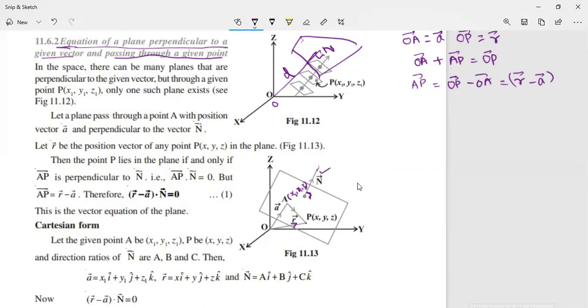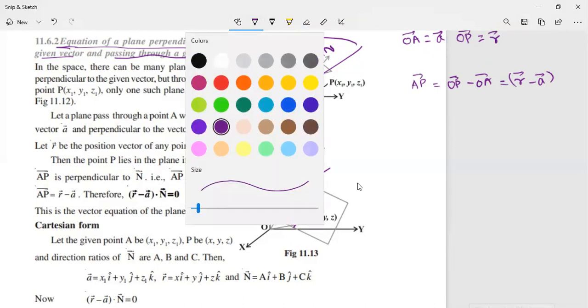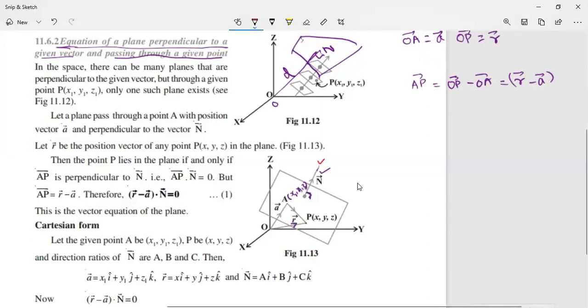So no need of the triangle law. We will go by dot product only. Now, what is the relation between AP and vector n? Vector n is perpendicular to the plane, so any vector on the plane will be perpendicular to this vector. Vector AP is perpendicular to vector n.